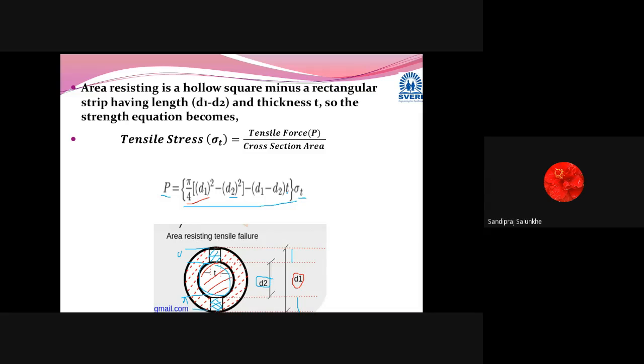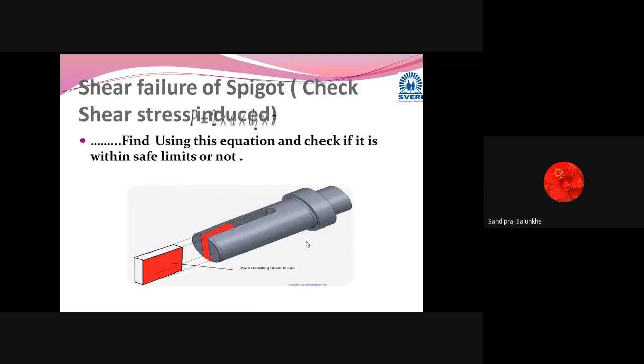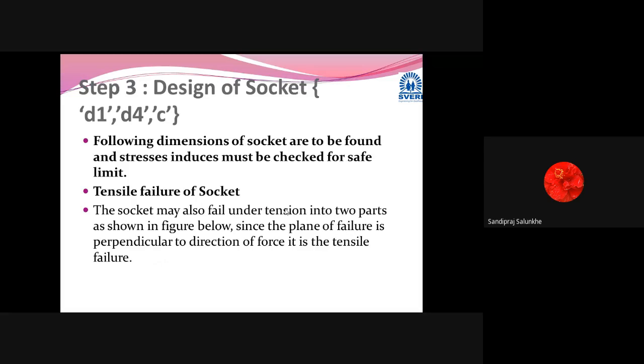In the previous lecture also we have seen that t has not yet been calculated. For the spigot also we calculated some dimensions in terms of t. But here we can put the value of d2, because d2 is the outer diameter of the spigot, which we already calculated in the previous lecture. Here, this outer diameter of the spigot we have calculated.